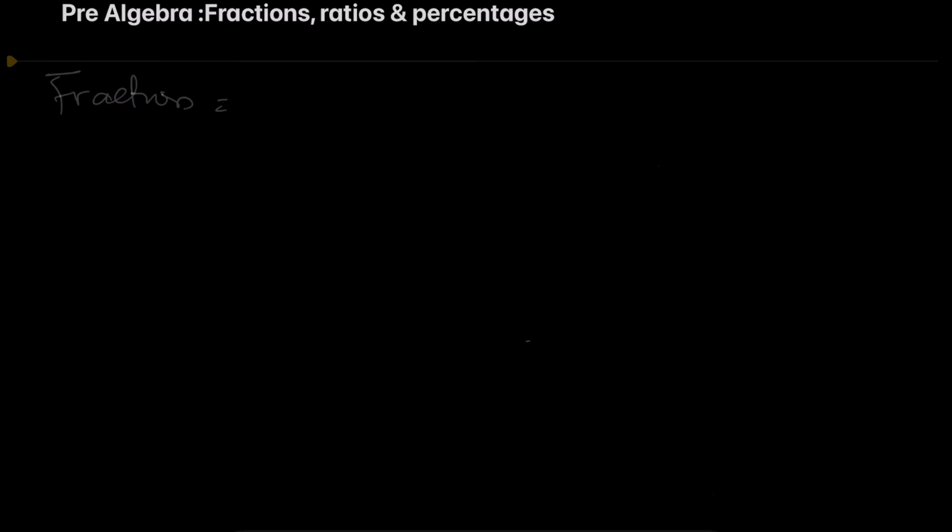An integer could be any whole number from the minus side of the number line to the positive. So you could have an integer like minus 24, divided by 60, which is another integer, and this is a fraction. This is an example of what a fraction is.